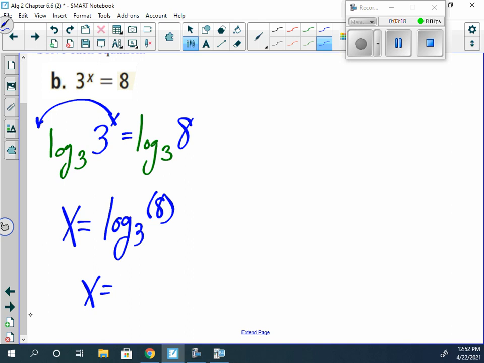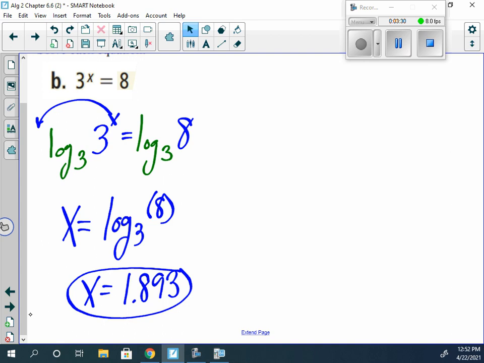And we're going to get 1 point, I think 8 or 9, is my guess. 1.8. Wow, it's actually closer than I thought. And the reason I was guessing that is because 3 squared is 9. So whatever number we're looking for is going to be close to 2.